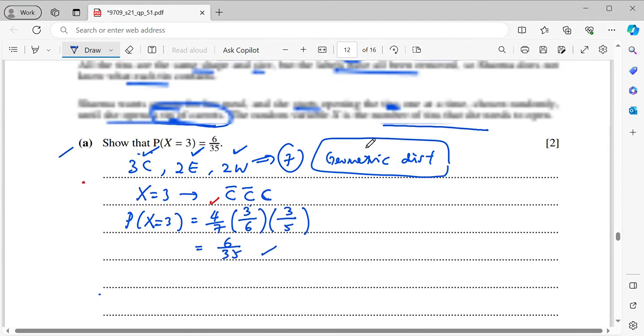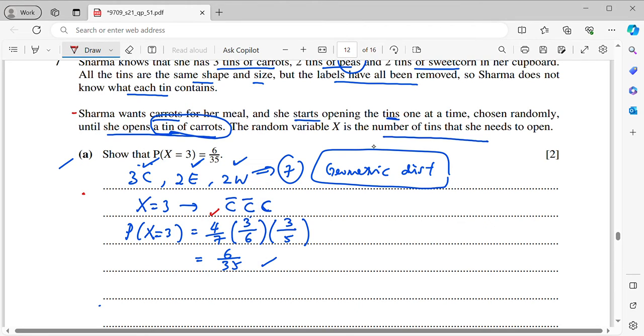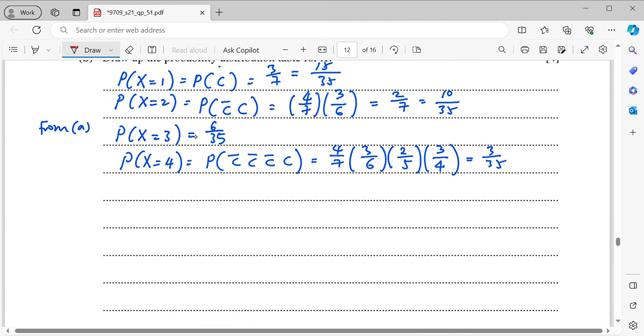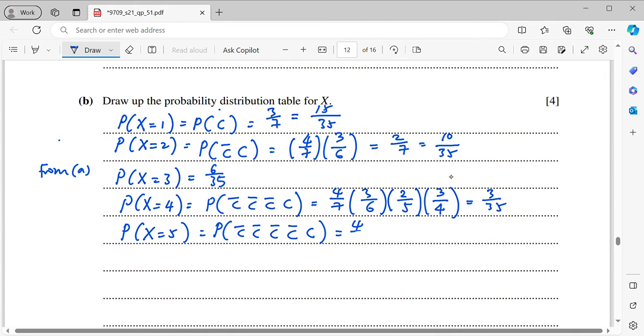Now, since we know that there are 4 non-carrot tins, it could be she opens up all these 4 non-carrot tins, then only she gets the first carrot tin, right? That means she might need to open 5 tins. So which means this will be P. First 4 are non-carrot tins, and then the last one is a carrot tin. So which means I will get 4 out of 7. Okay, just copy the first 3 probabilities from the previous calculation.